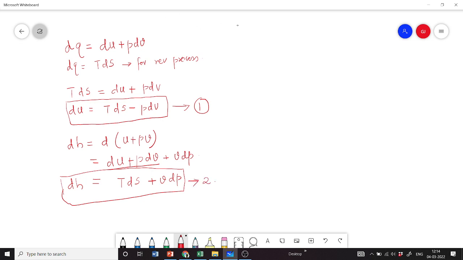Now we have the Helmholtz function. See the spelling also. Helmholtz function is given in this presentation. It is represented by A. So A is defined as u minus Ts, the specific Helmholtz function.